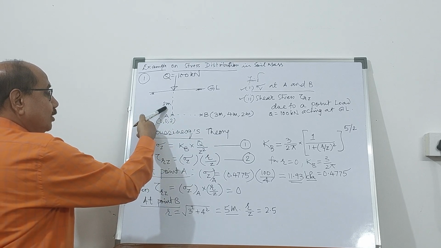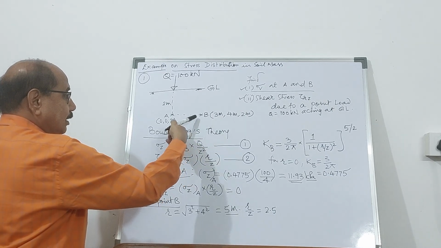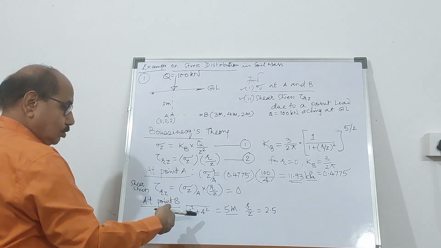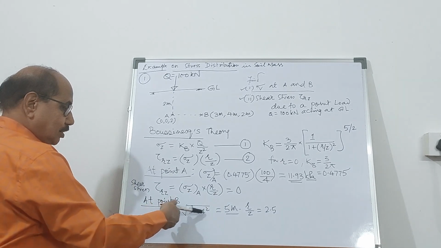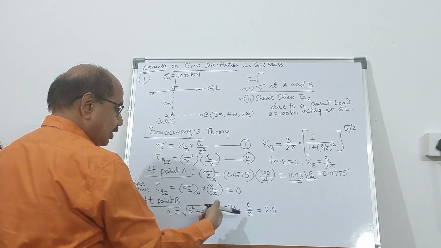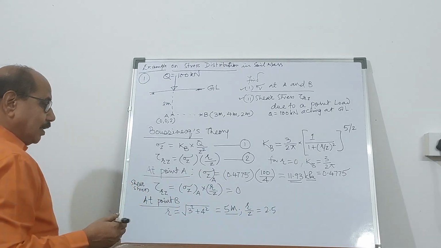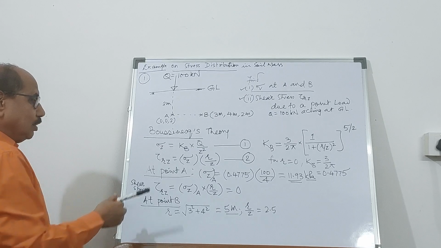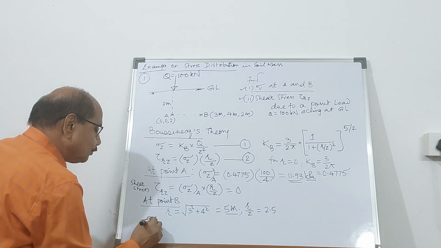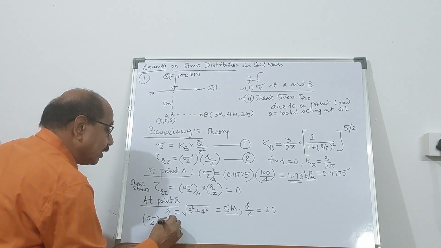So Z is 2 meter for point B, and R is going to be this square plus this square under root, so it becomes 9 plus 16, that is 25, so it becomes 5 meters. So 5 meter divided by 2 meter, R by Z becomes 2.5. Having got this R by Z value, I can now find out sigma Z, the vertical stress at point B.